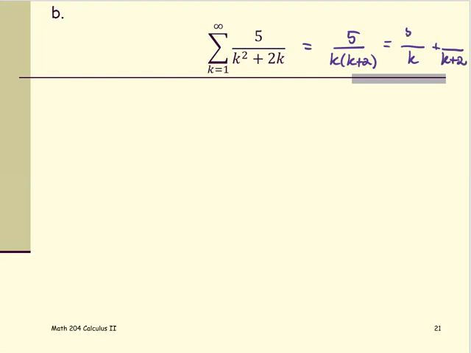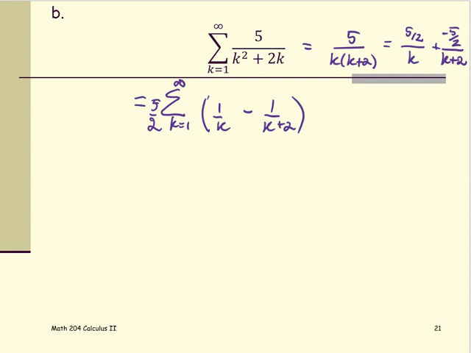We get 5 over 2 for the numerator of the first one, and negative 5 over 2 for the second one. So we can rewrite this sigma notation as 5 over 2 as the constant multiple, or the common factor, of 1 over k minus 1 over k plus 2 of this series, starting from k equals 1 to infinity.